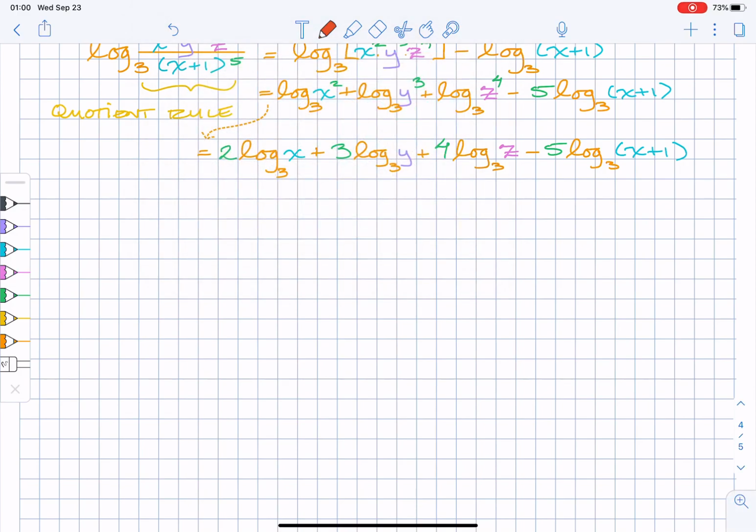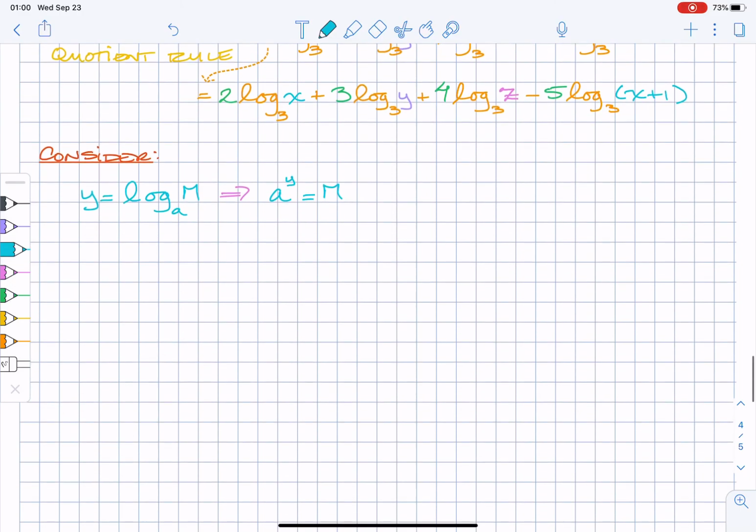So let's consider the following. Let's do y is equal to log base a of m. Then this implies, of course, that a to the y is the same as m.